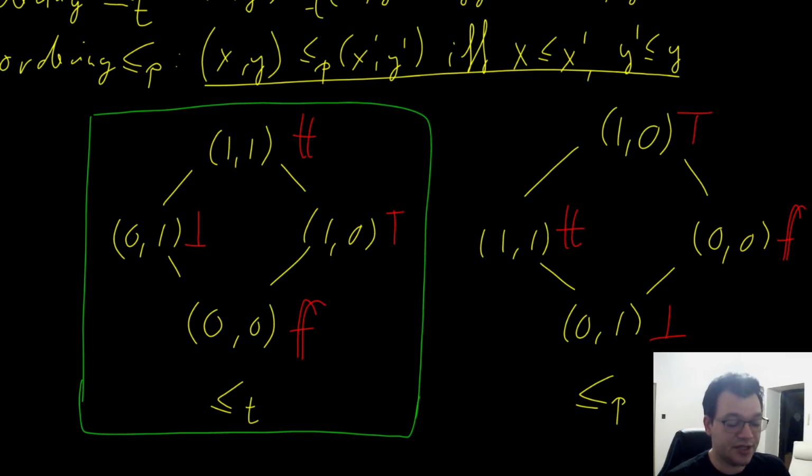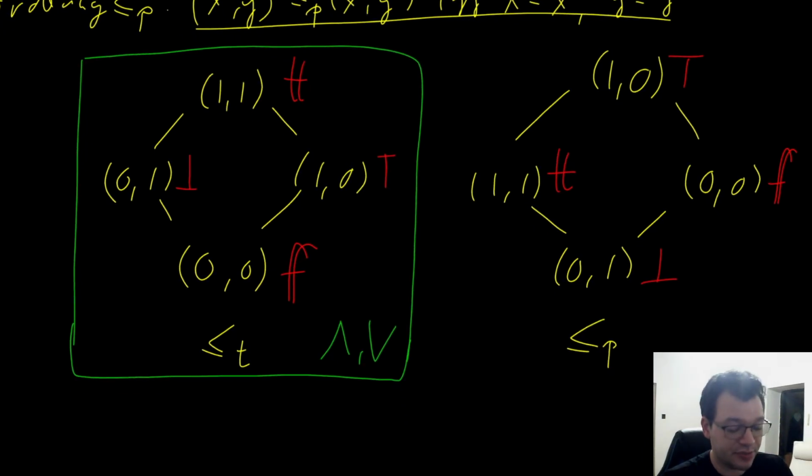Because in this poset, the supremum of true and false is true, and this is the same thing which happened in classical logic: the supremum of 0 and 1 was 1. So here we have the supremum and the infimum operators behaving the same way as the disjunction and the conjunction on the classical coordinates.